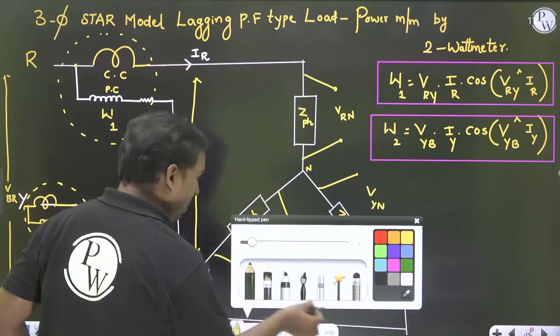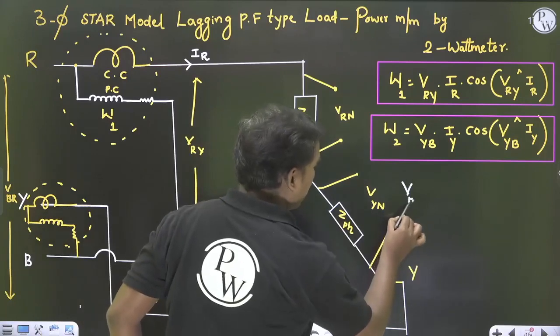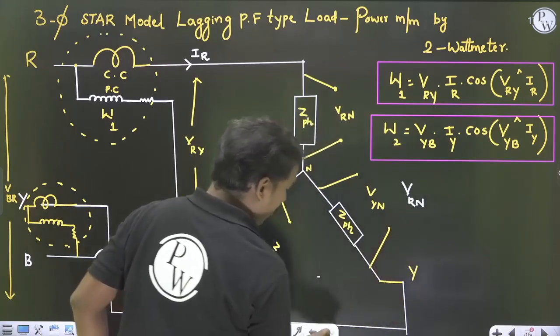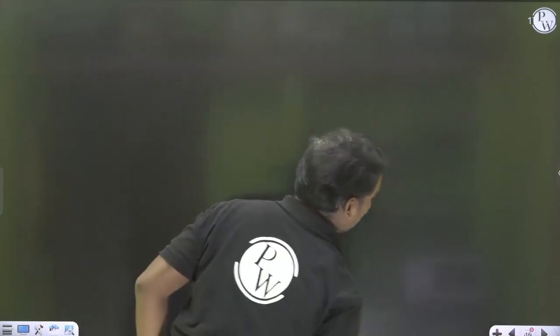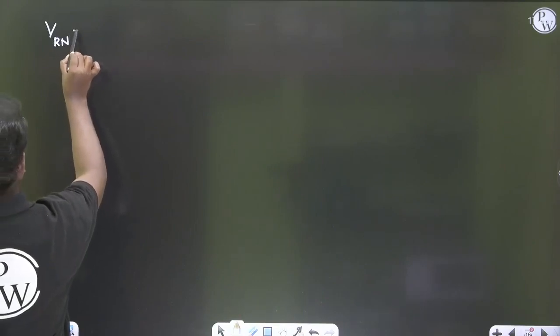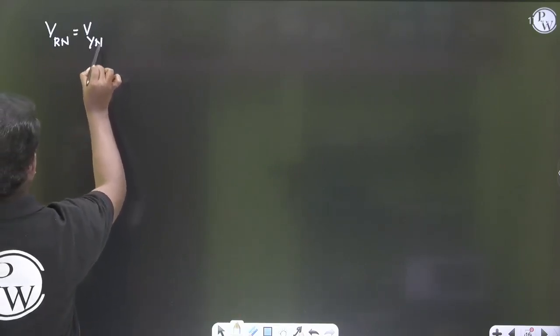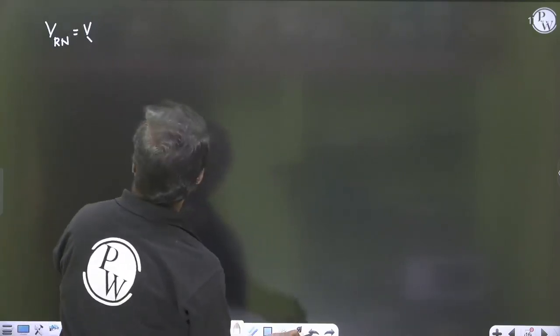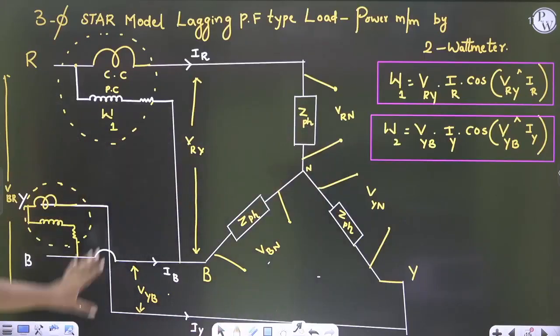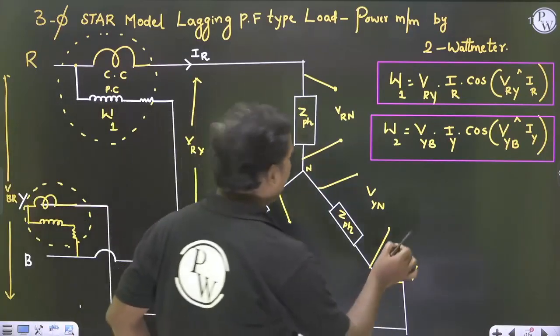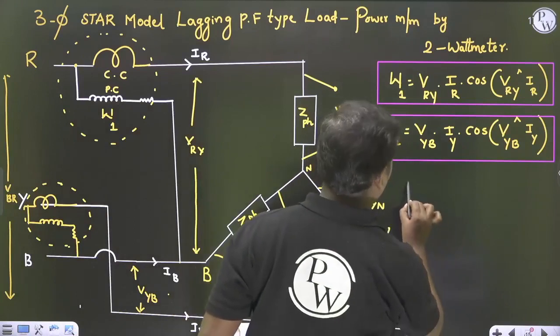So just before we have discussed VRN. Let me take this particular line separately. VRN, VYN. Next slide here. I hope all of you are clear on this diagram. Now let me write here an important point.